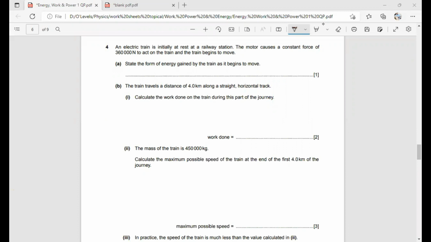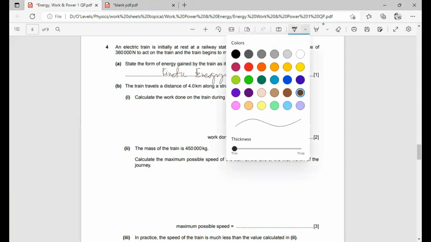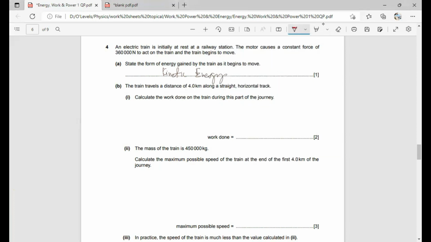Remember one thing: the motional energy is your kinetic energy. So we have to write the name, kinetic energy. The train travels a distance of 4 kilometers along a straight horizontal road.